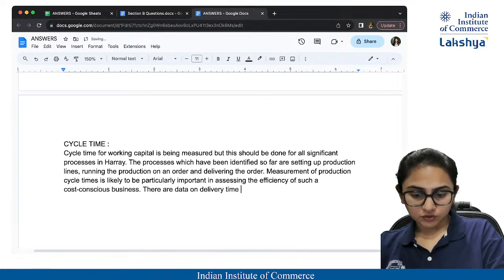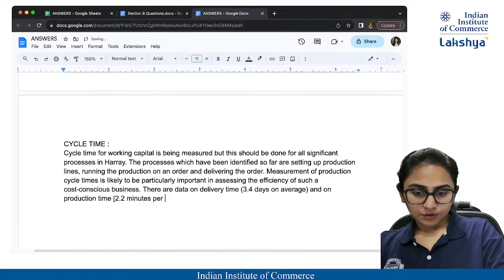So how much time we took? 3.4 days on an average. And on production time, production we took how much? 2.2 minutes per production line.